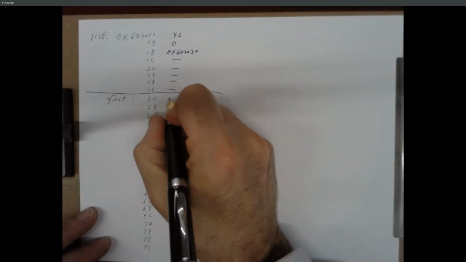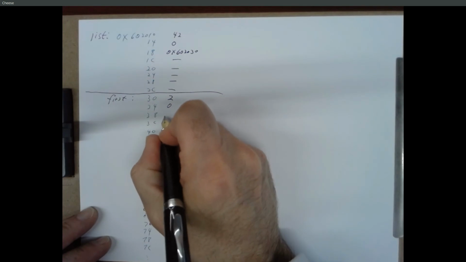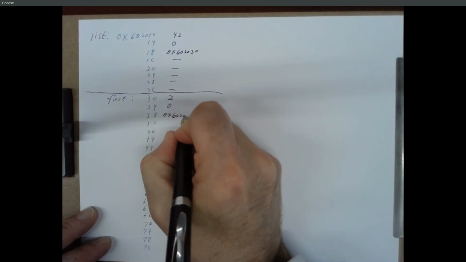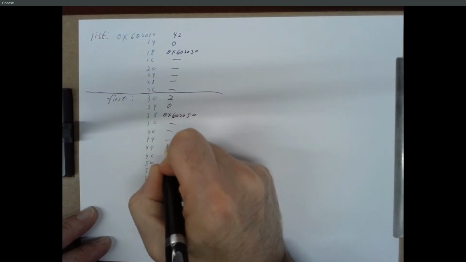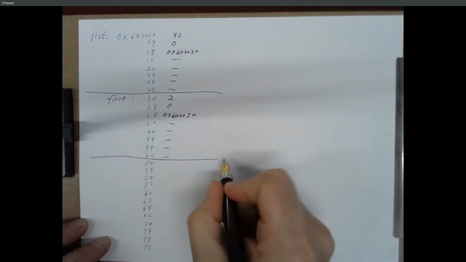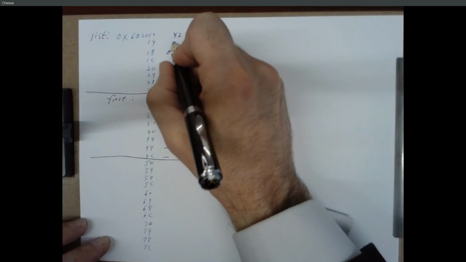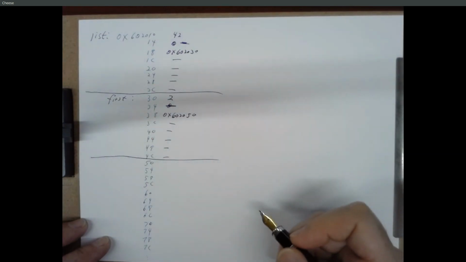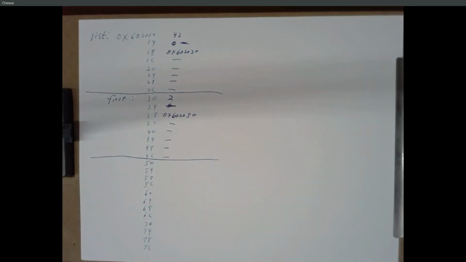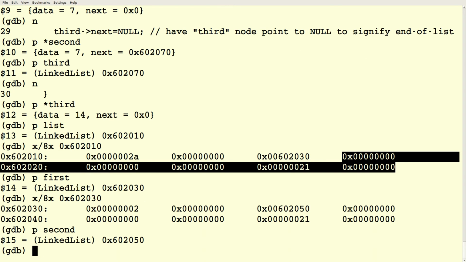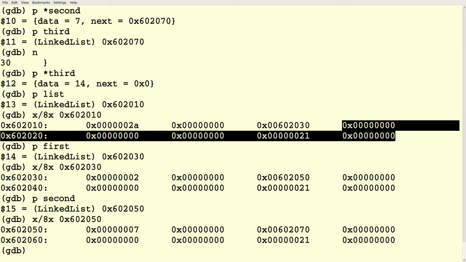So this is 2, 0, 60, 20, 50, and then bytes that are unused. Let me change this 0 to a dash because it's really unused. And then second is 60, 20, 50. And if I examine memory starting from 60, 20, 50, I see a 7, filler, and 60, 20, 70.